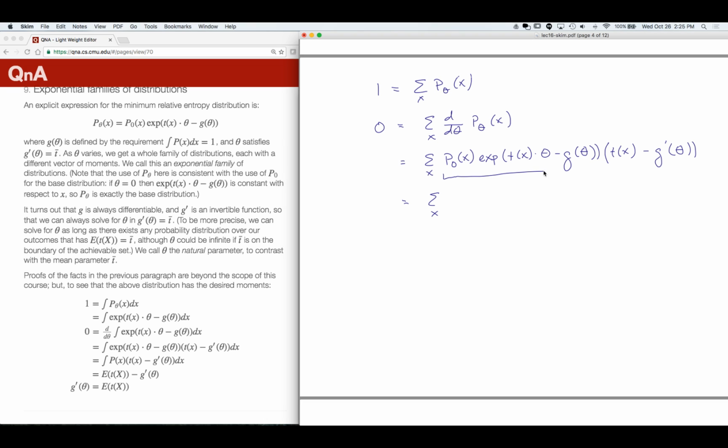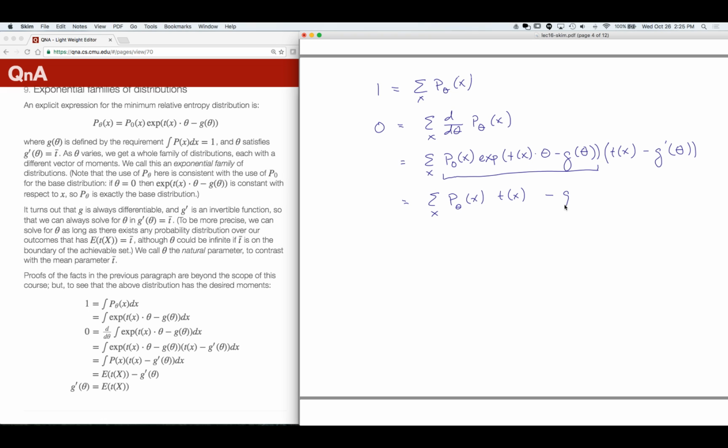All right, sum over x. So this part here is just p theta of x again, times t of x. And actually, I'm going to split apart this sum. So now I get the sum over x of p of x times g prime of theta. This doesn't depend on x, and so the sum over x of the probability is just 1.